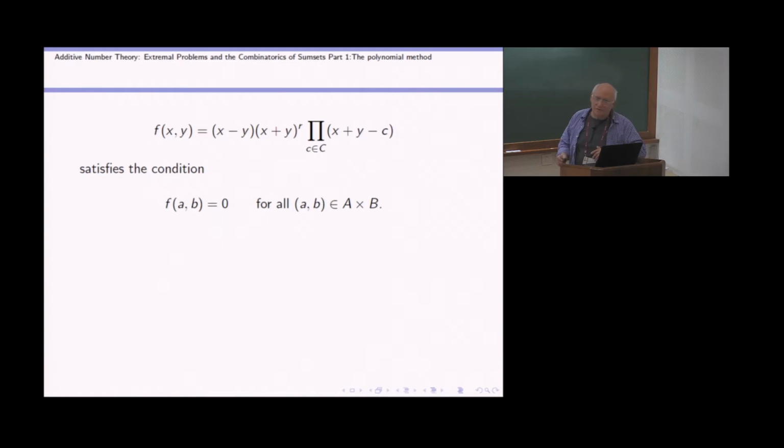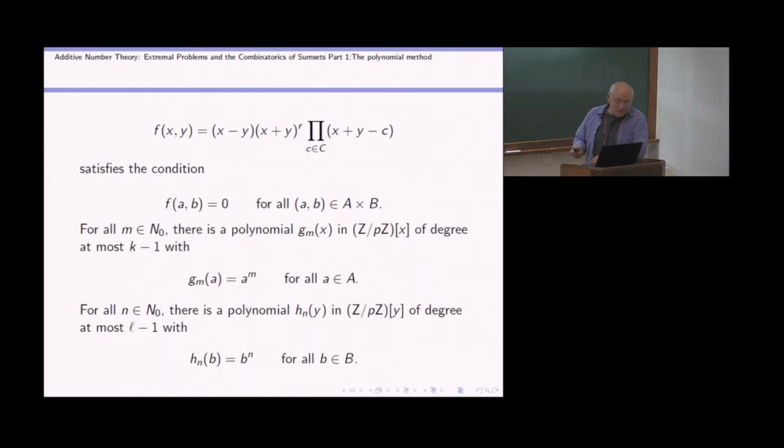But we've got to get the degrees of X and Y down to where we would like them. And of course, you don't have to think very hard. I mean, if a trick worked once, then maybe it works twice. So we do the same thing that we did for the Cauchy-Davenport theorem.